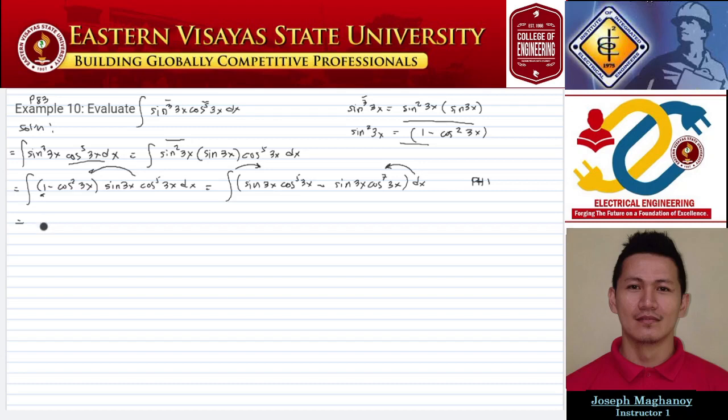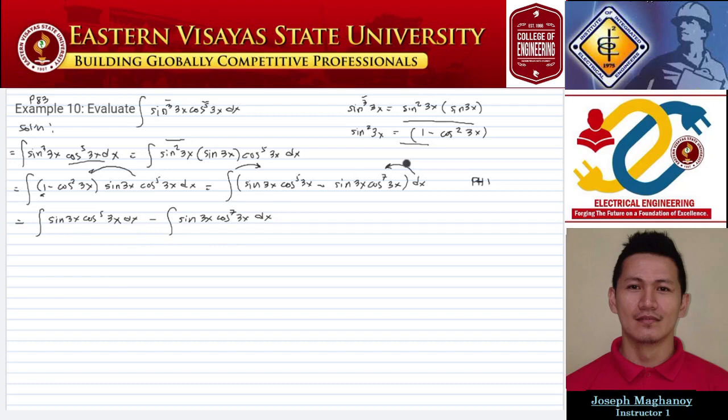Okay, so integral of sine 3x cosine raised to 5 3x, of course our dx, minus the integral of sine 3x cosine raised to 7 3x dx. Now we have two terms.